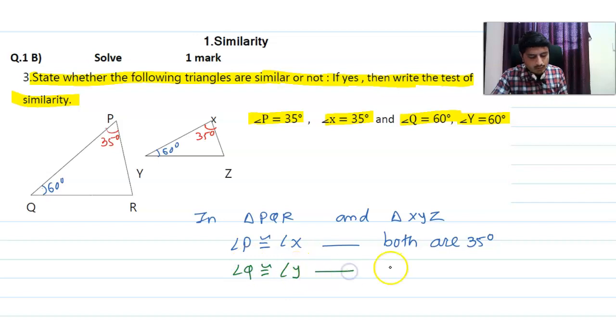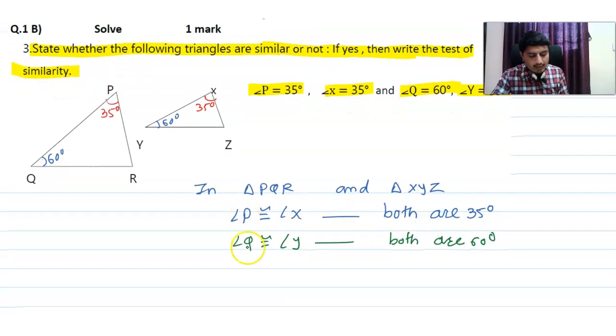Angle Q is congruent to angle Y, both are 60 degrees. Now once two angles of one triangle, P and Q, are congruent to the corresponding two angles of the other triangle, angle X and angle Y, we can say the given two triangles PQR and XYZ are similar by the angle test.